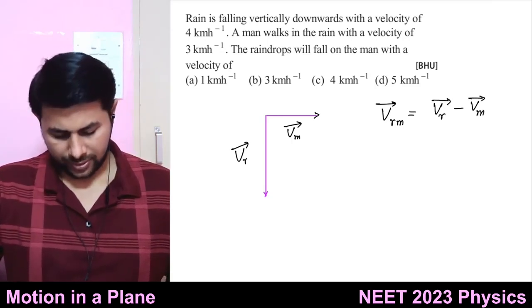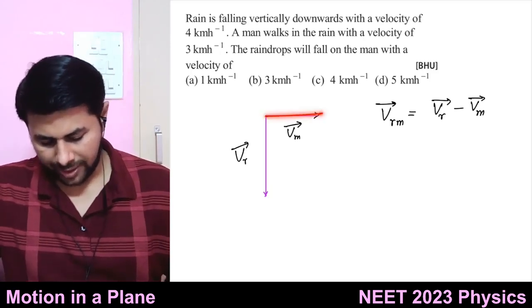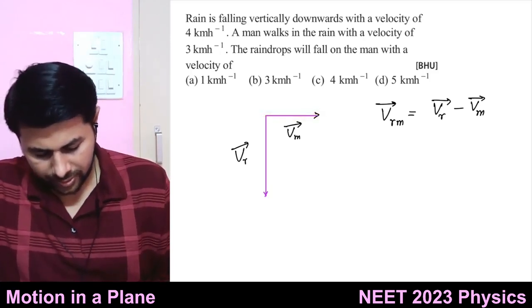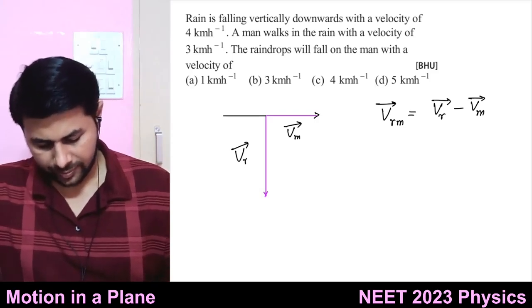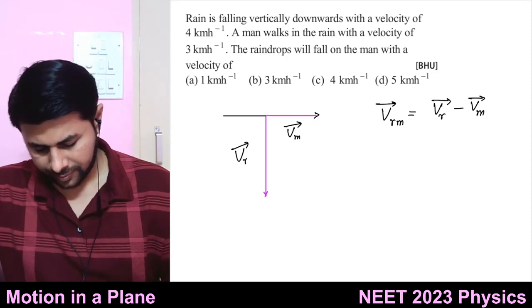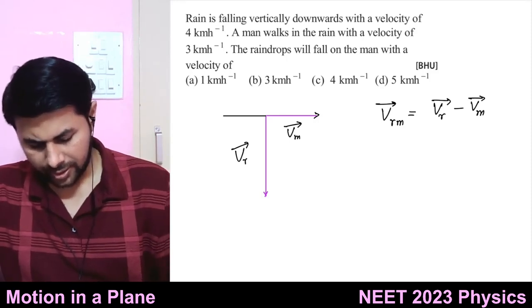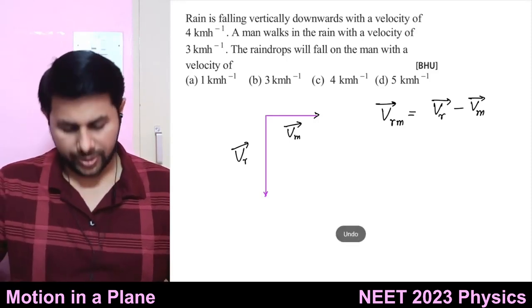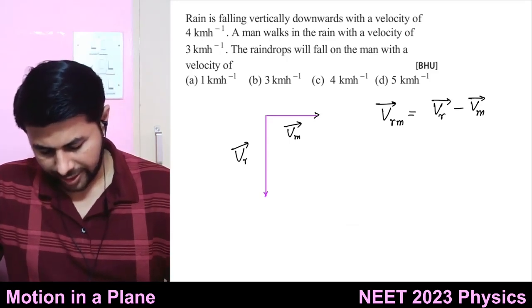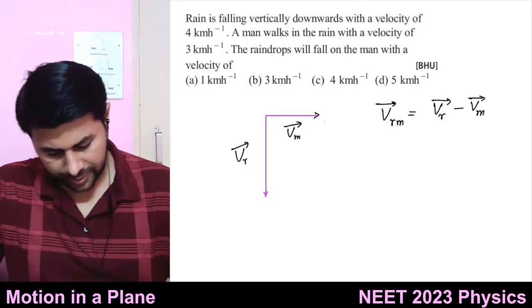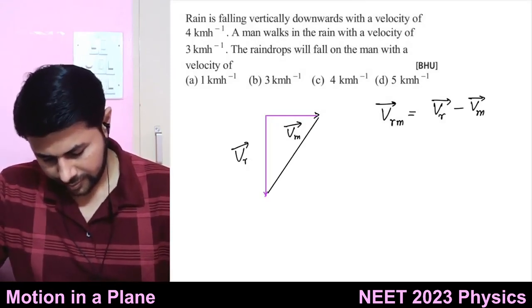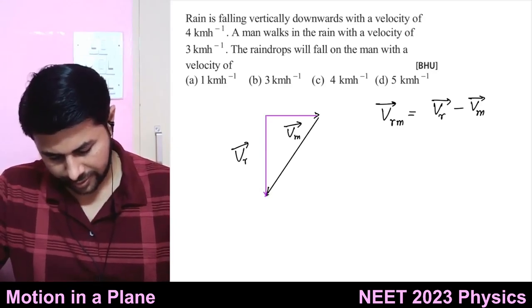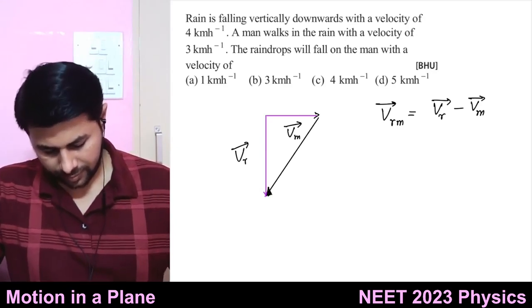So you have drawn the velocity of man. You have to draw this picture. This is minus Vm. Or directly, if you want to do it, this is the velocity of man plus this vector.